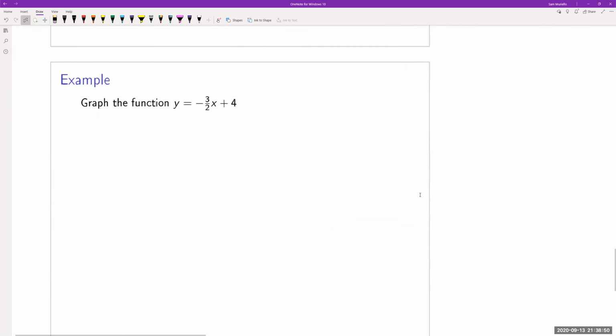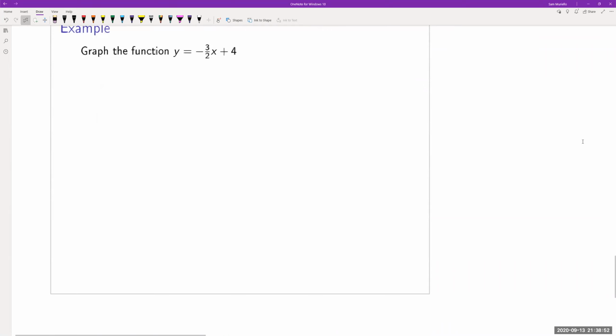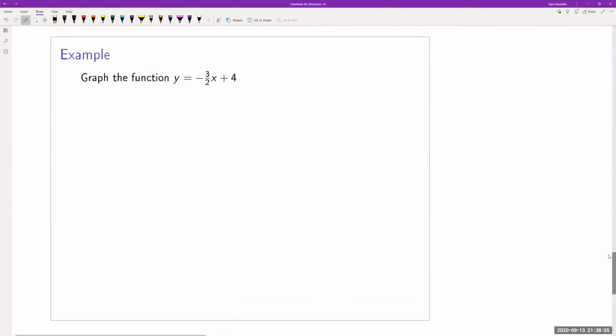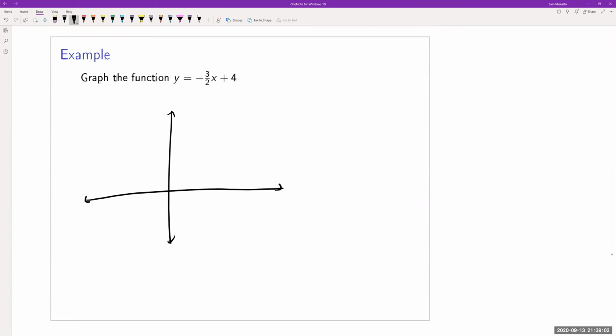Now let's say I wanted to graph the function given in slope-intercept form. All I will need to do is graph the intercept and then graph another point by using the slope. So after labeling my axes, I will begin with the point up here, (0, 4), which I identify because b is equal to 4.